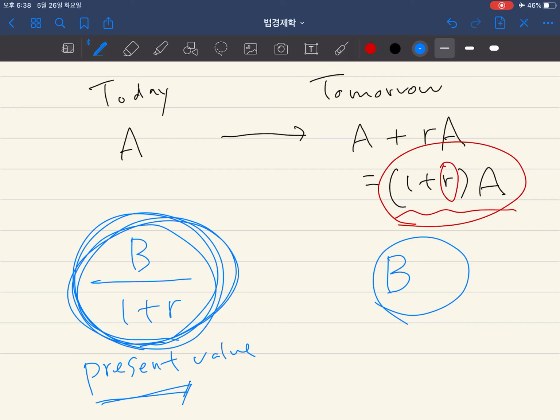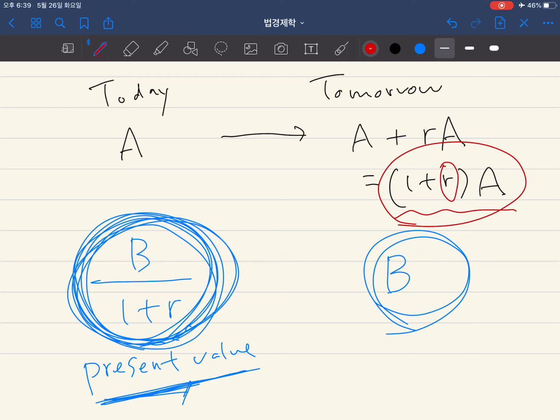So when we calculate the present value of $B tomorrow, this present value is having a discount in the sense that in nominal value, this present value gets smaller.